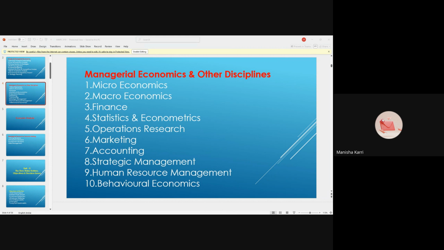Coming to finance, here finance focuses on the management of the firm's financial resources, including investment decisions, capital budgeting, risk and return management, and valuations.